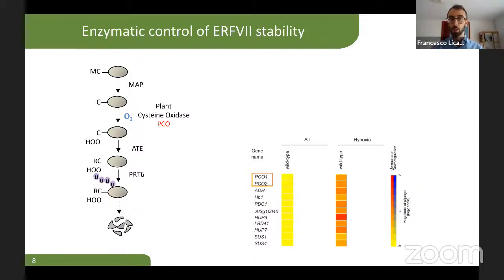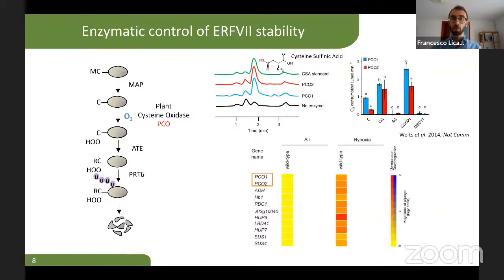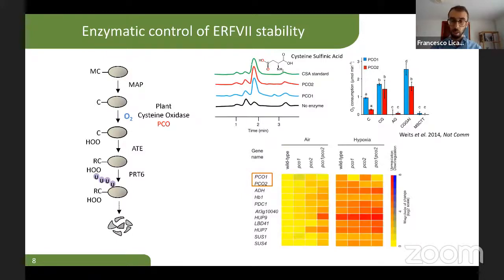So what we did was express these proteins in a heterologous system in E. coli, purify them, and verify that they can indeed oxidize cysteine to cysteine sulfinic acid, incorporating two oxygen atoms, but they could also do that better, not just on free cysteine, but rather on peptides containing specifically a cysteine at the N-terminus.